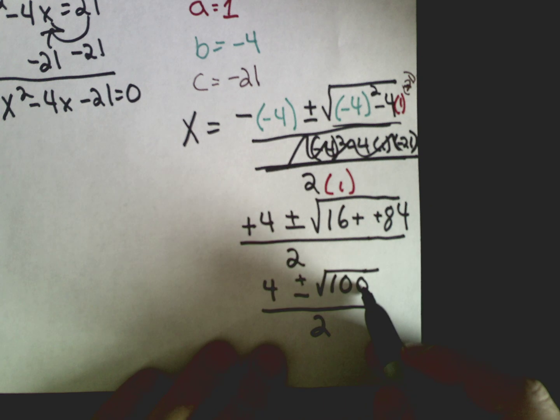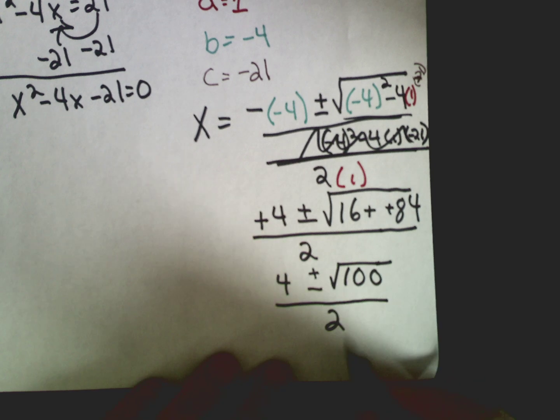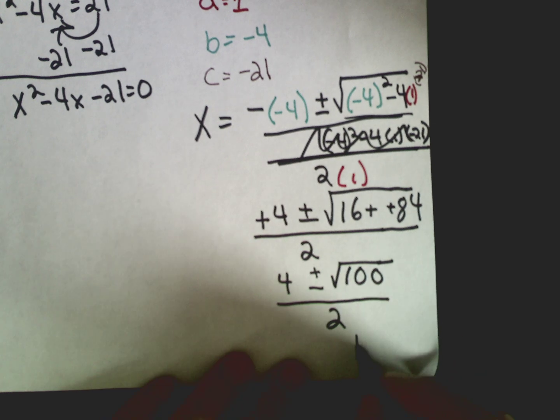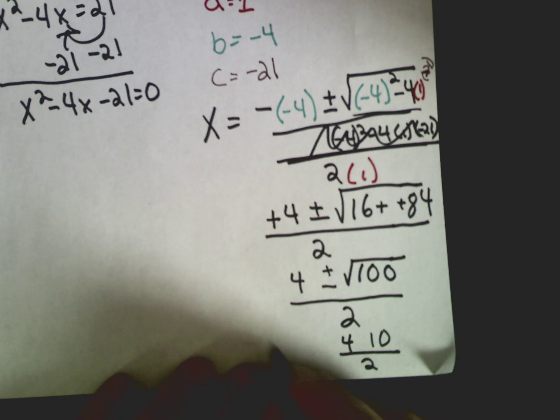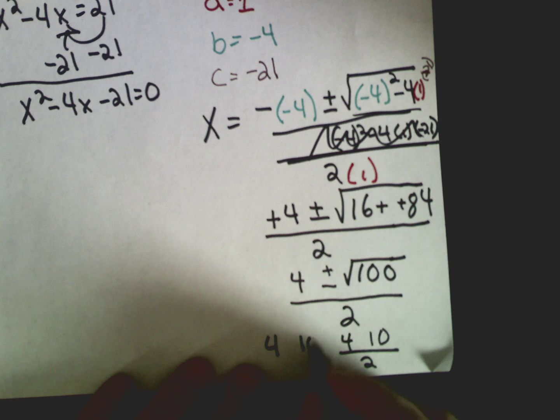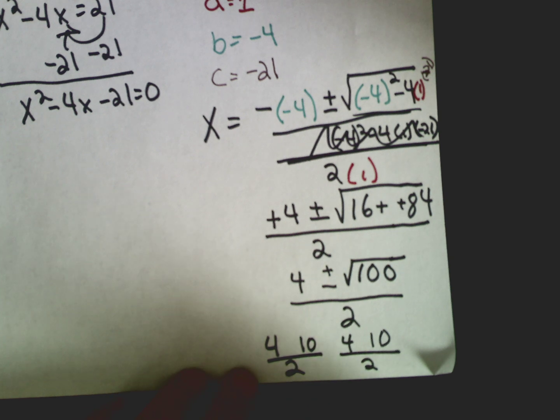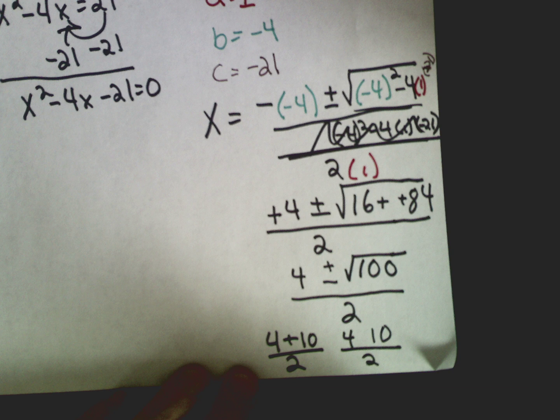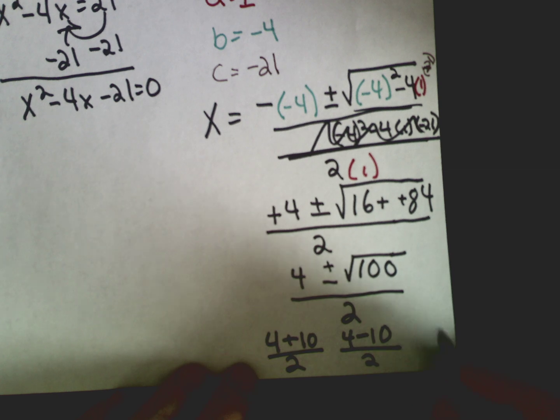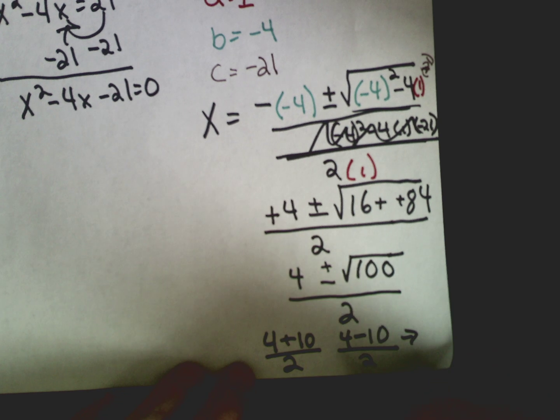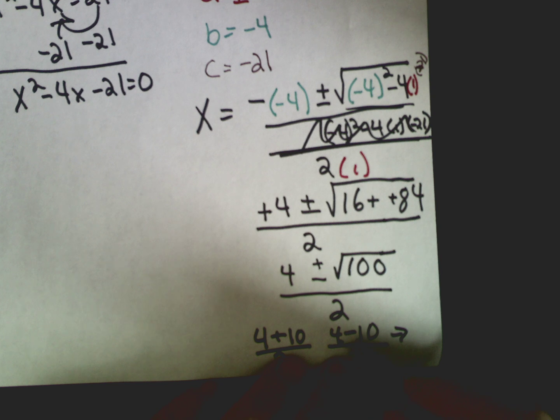Now, if we remember our square roots, the square root of 100 is just 10, over 2. We have 4, and I'm going to write it a second time: 4, 10 over 2. Now, one is going to be positive, and one is going to be negative. In this direction, we'll do the negative one. 4 minus 10 is negative 6.